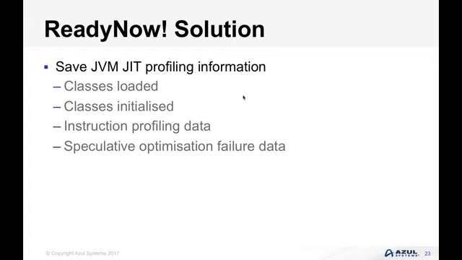People often think that wouldn't it be a good idea if we simply took the compiled code that the application has as it's running, save that as a snapshot, and then reuse it when the application starts up. And the reality is you can't do that.